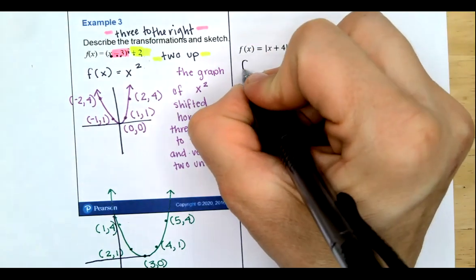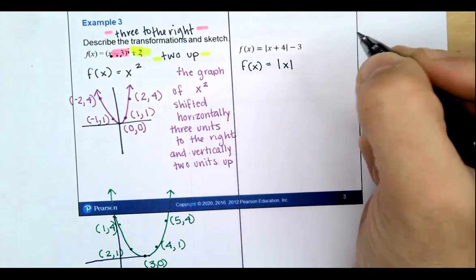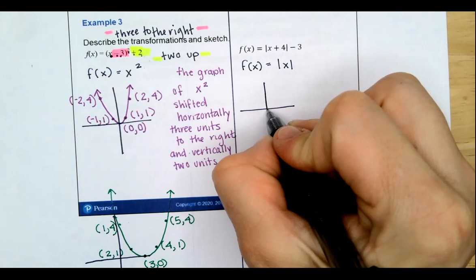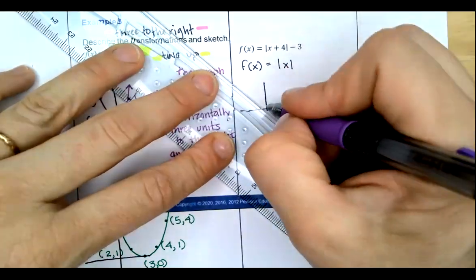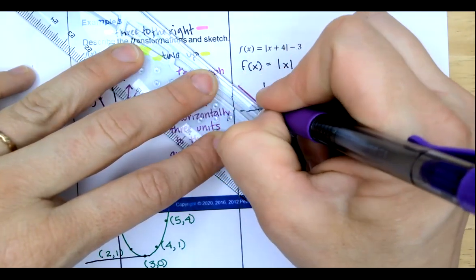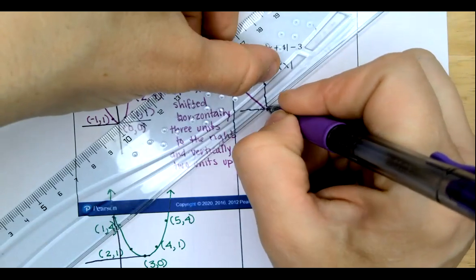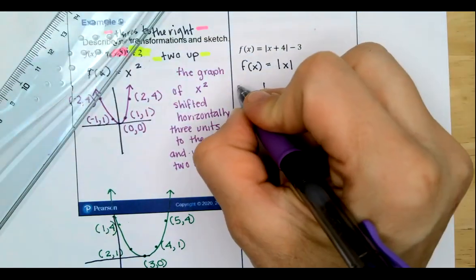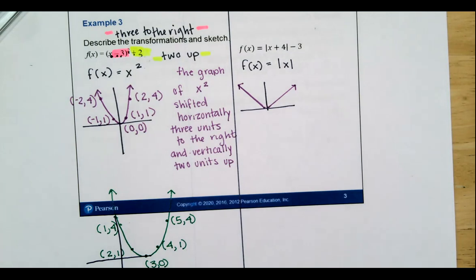The parent function is just f of x is the absolute value of x, yeah? What does that look like? It is not a parabola, it is just a linear equation, but flipped on the y-axis and never crossing the x-axis. Okay, so that's our parent function.